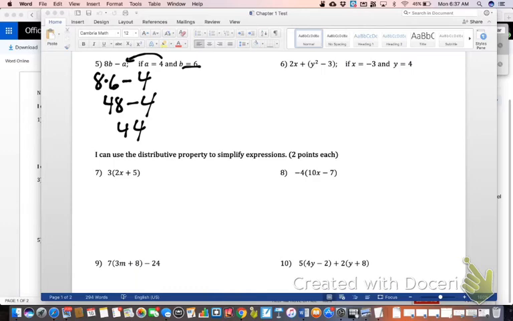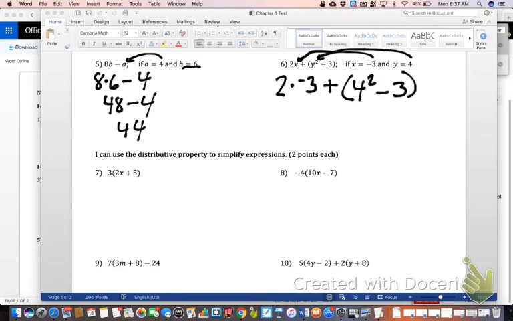Number 6 is a little more complicated than that. So instead of 2 times x, I'm going to do 2 times negative 3, because I'm putting negative 3 in for x, plus, instead of y squared, I'm going to do 4 squared, take away 3, because I put in 4 for y.